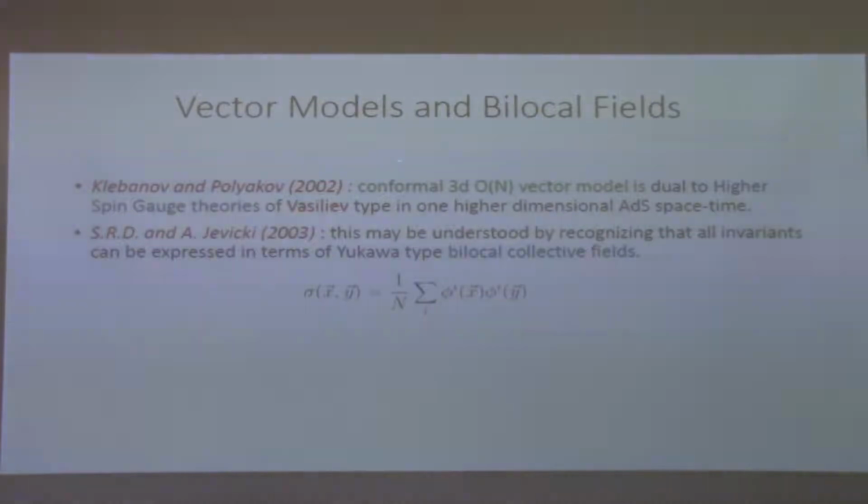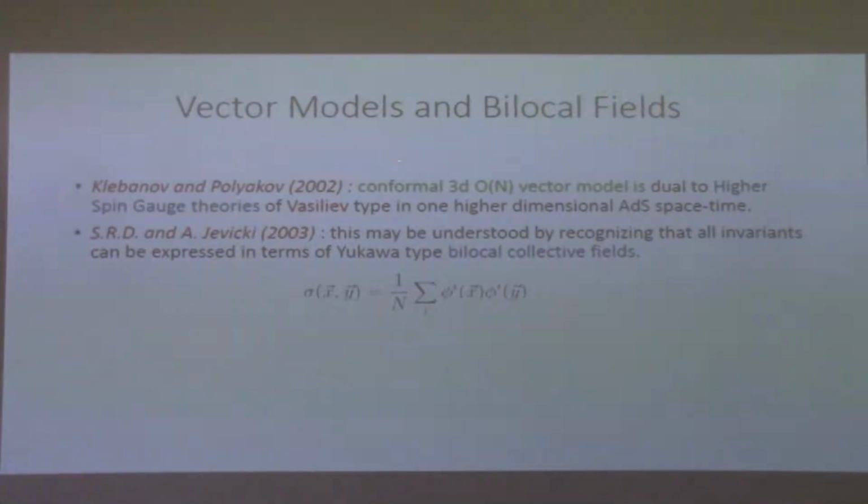This had to do with a conjecture by Klebanov and Polyakov back in 2002, where they conjectured, and gave very strong evidence, that the conformal three-dimensional O(N) vector models, the kind of model which you use in a routine way in statistical mechanics to study phase transitions, are in fact dual to higher spin gauge theories which were developed by Vasiliev in one higher dimensional AdS space-time.